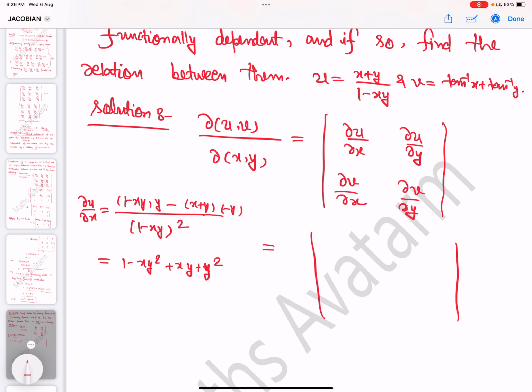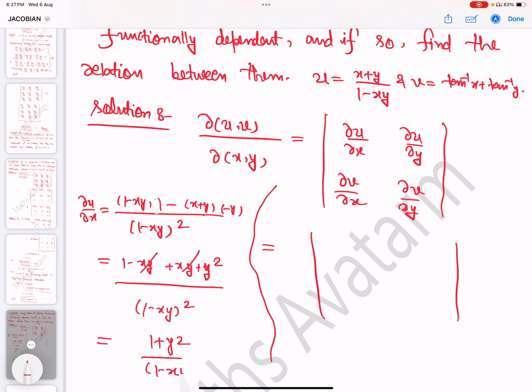Sorry, it is 1 here. So 1 here means no power will be there. 1 minus y square. This cancels out. So this is 1 plus y square upon 1 minus xy square. Okay.